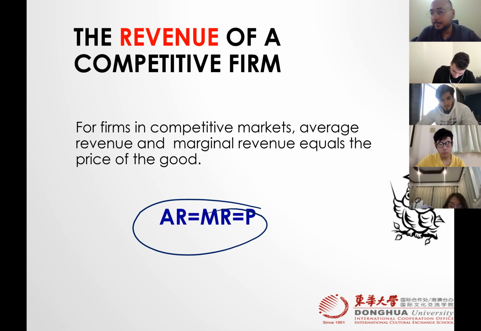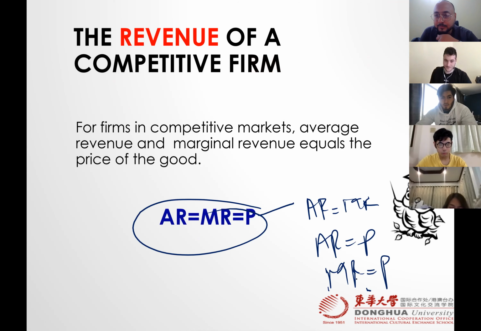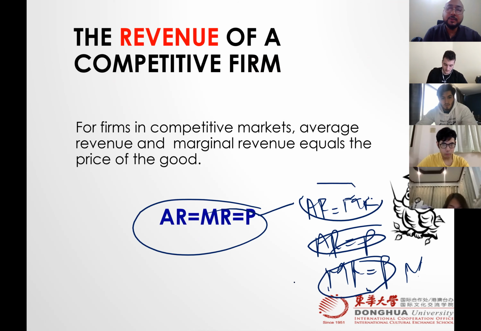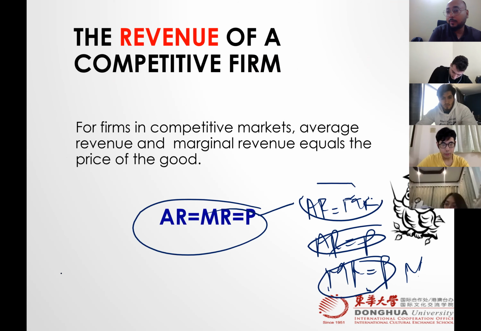Right? This condition means AR is equal to MR, AR is equal to price, and MR is equal to price, or MR is equal to AR as well, which means all are equal. So you can switch. If you want to find out total revenue, the formula is price into quantity.